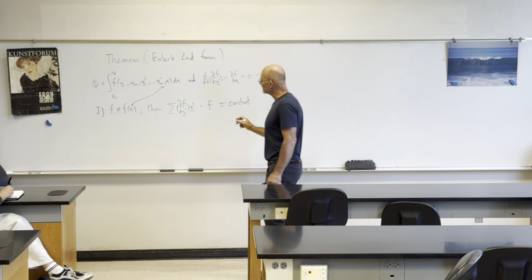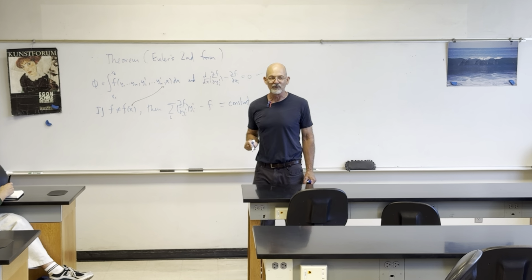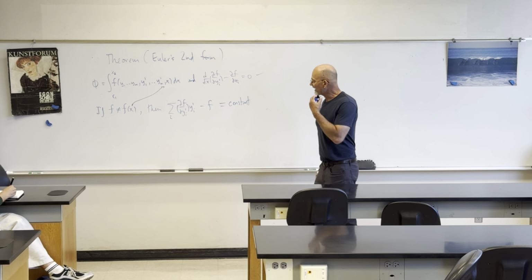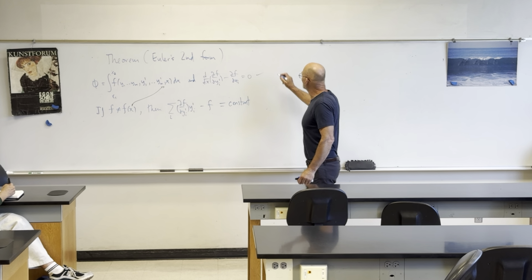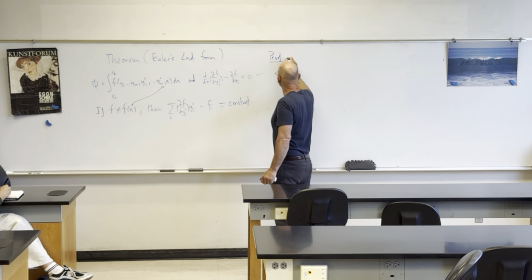This is a conservation law, or a first integral. When we're doing physics with this, it's going to be a conservation law. Right now, it's a first integral, and the proof is just a couple lines.